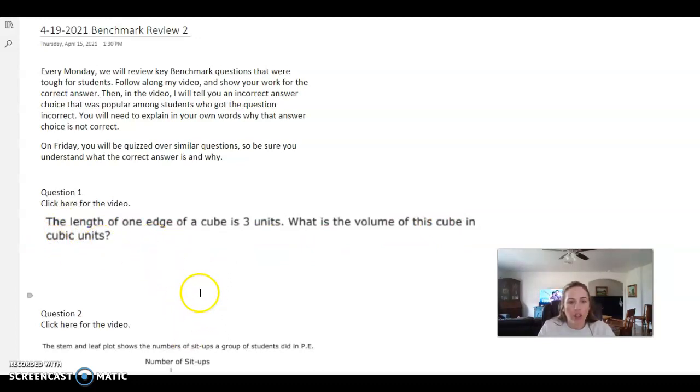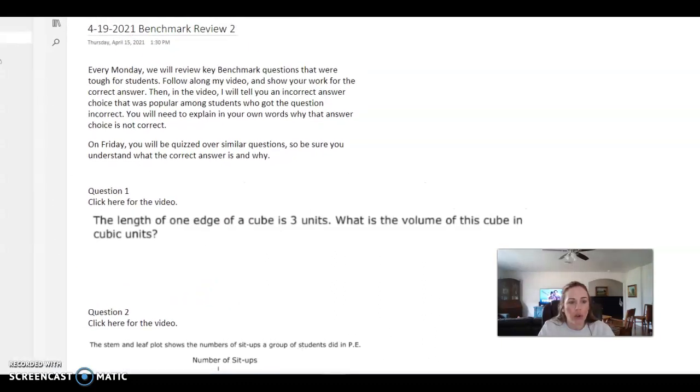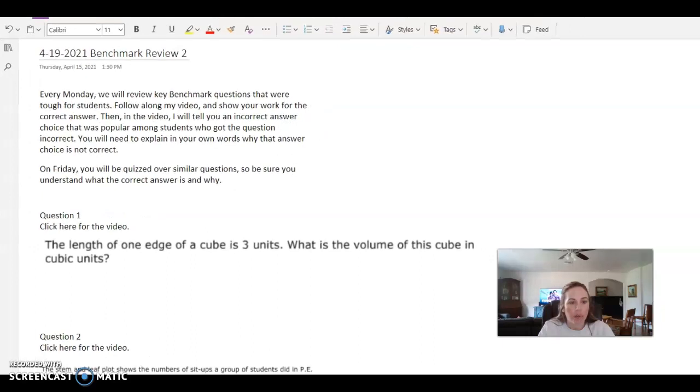Okay, there are 2 things that we really need to pay attention to in this question. Sorry, I'm moving something around so I can draw. First of all, it is the word cube and the word volume.